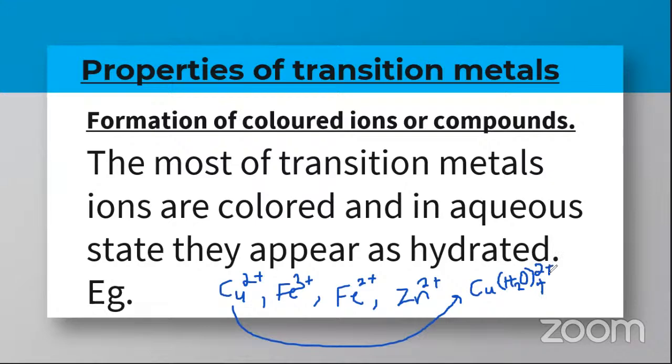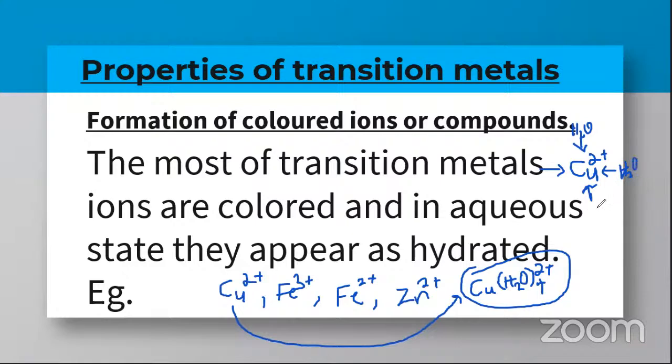If I draw the diagram, the structure of copper 2 ions in solution will appear like this. The copper is the central metal ion, being surrounded by other molecules. My arrows are showing the copper 2 ion. So that is how it is. Here we have water. Here we also have water.